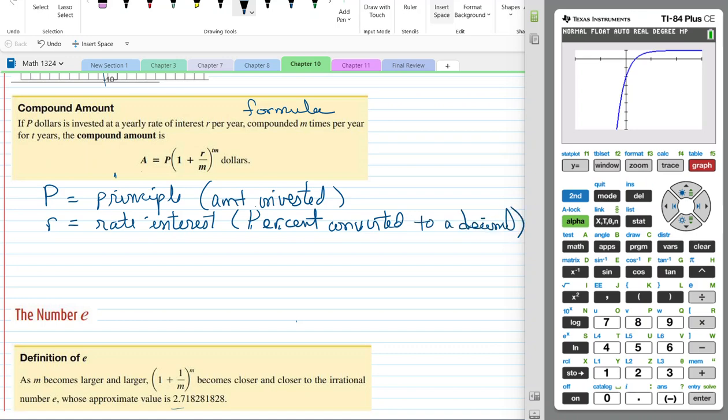Right. Then we have an M. They do an M. Other books, it might be an N. And that is the amount of interest compounded per year.